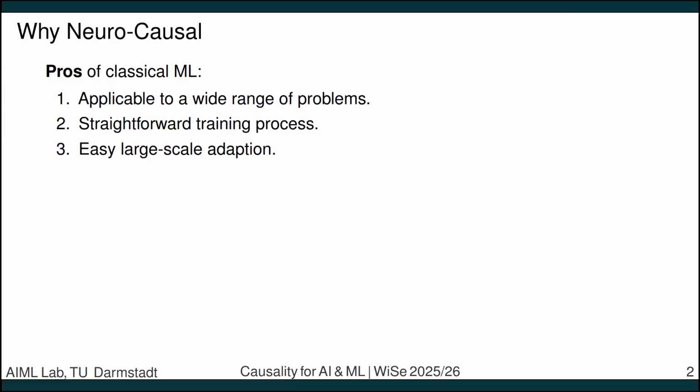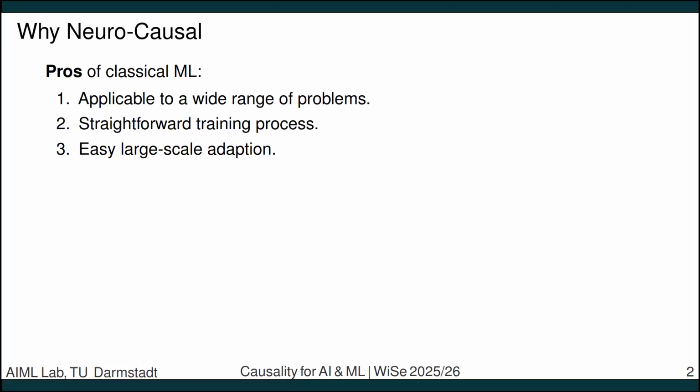So, first, maybe have a look at the pros of classical machine learning applications. Within the last 10 years, we saw that they are applicable to a wide range of problems.